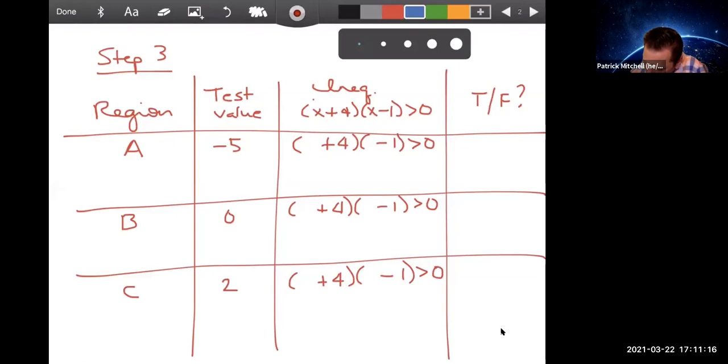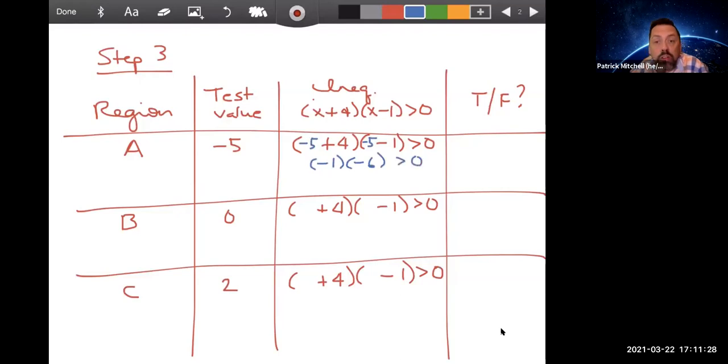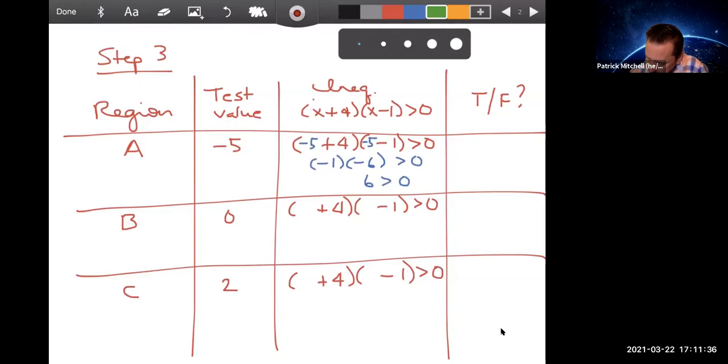When I put -5 into this inequality, it becomes -1 times -6 is greater than 0, which is going to end up saying 6 is greater than 0. So is that true or is that false? That is true, right?